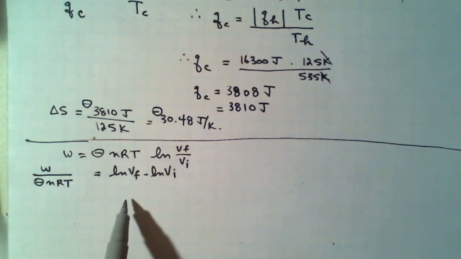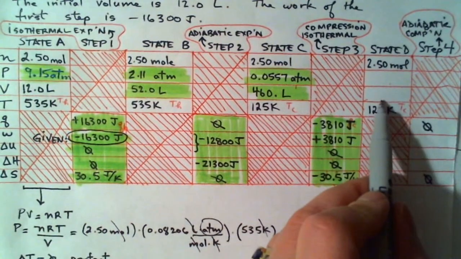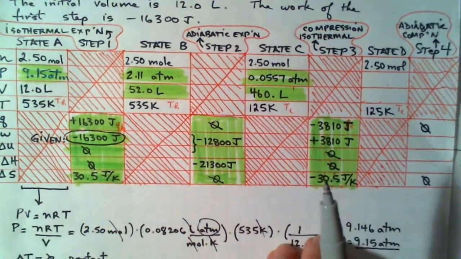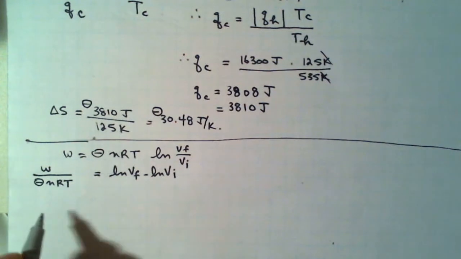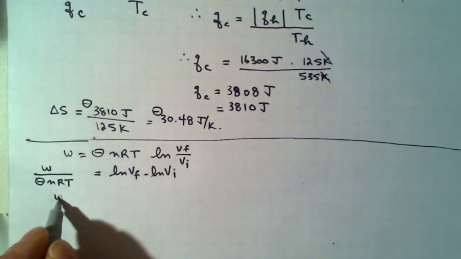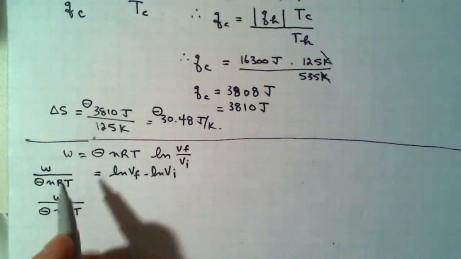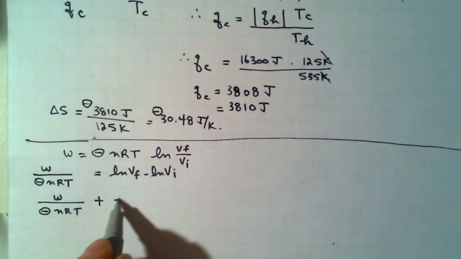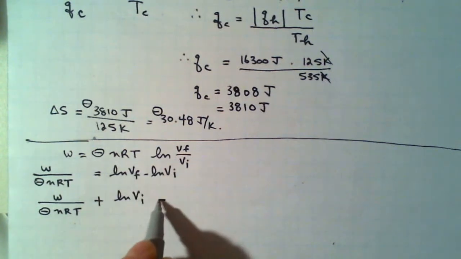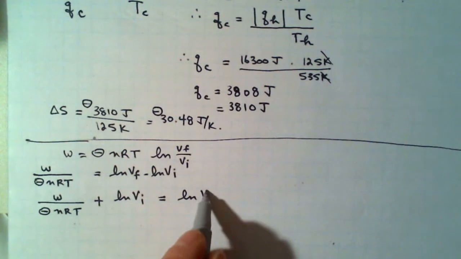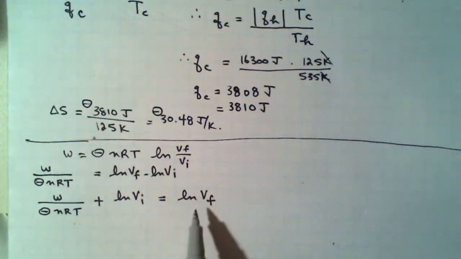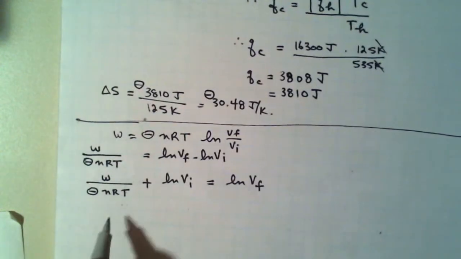I'm looking to isolate V final. So I have the work divided by the negative nRT, and I'm going to bring over the initial so it becomes positive, isolating for my unknown V final. I'll get a number, take the inverse ln, stick on the liters, and I've got my answer.